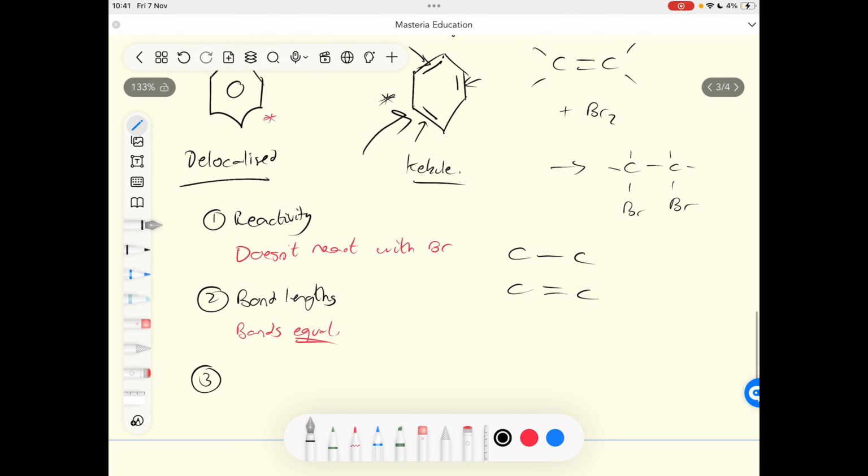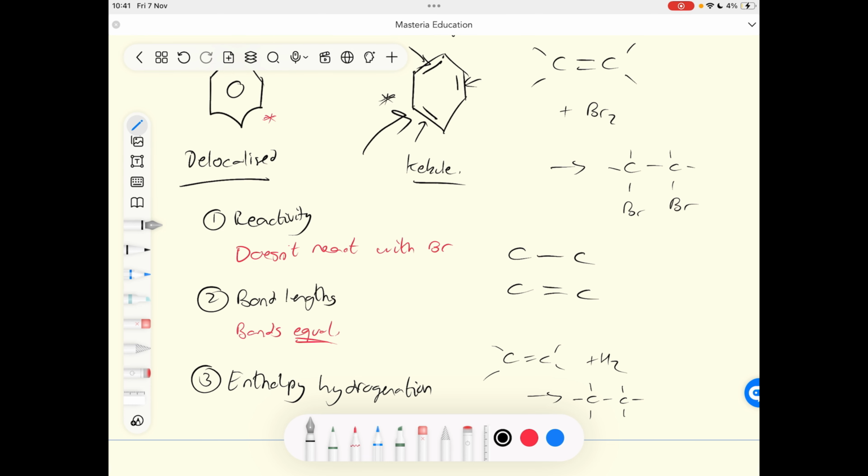The third one is to do with the enthalpy of something called the hydrogenation. This is basically the energy required to add hydrogens to something. So when I have my C double bond, if I add hydrogens to it, we would form a molecule like this.